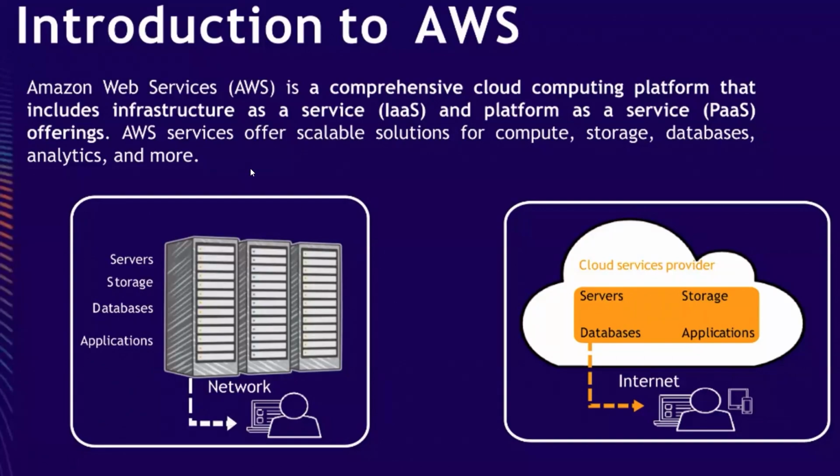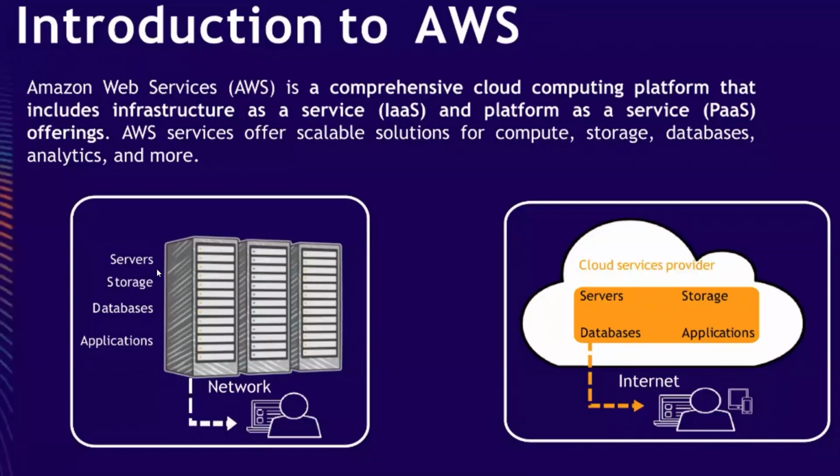Okay, so see this. AWS is a comprehensive cloud computing platform that includes infrastructure as a service. There are three terms: IaaS, PaaS, and SaaS. Now see, this is you sitting in your organization, and you are going to use the organization's assets.